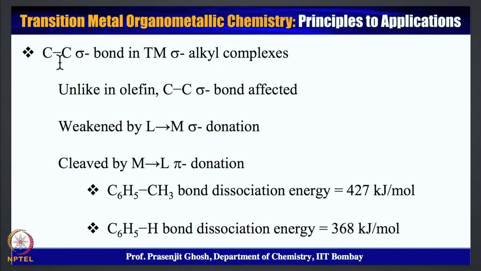Now, in transition metal alkanes, the CC single bond remains unaffected, and ligand to metal sigma donation weakens the CC bond, as well as metal to ligand pi donation cleaves the CC bond. For example, in toluene, the bond dissociation energy of the CC bond is 427 kilojoules per mole, which is stronger than the benzene CH bond dissociation energy of 368 kilojoules per mole.